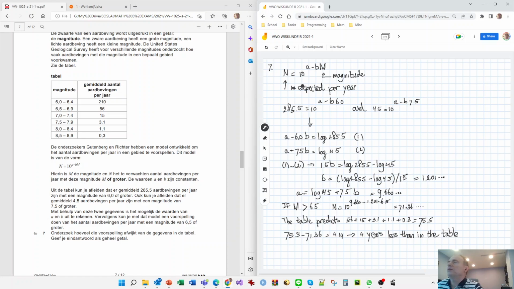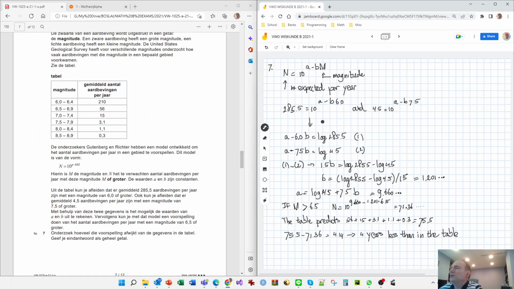So that's then what we do. We take 6 for the magnitude, and then 285.5 for n, and 7.5 for the magnitude, and 4.5 for n. And then we get two equations with two unknowns.